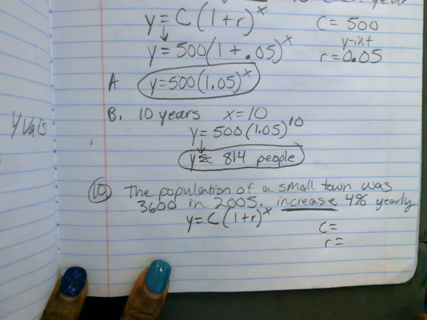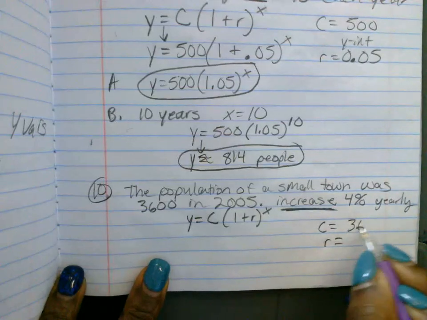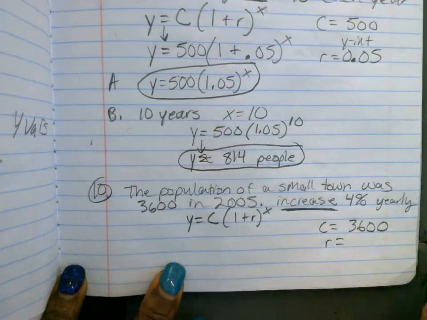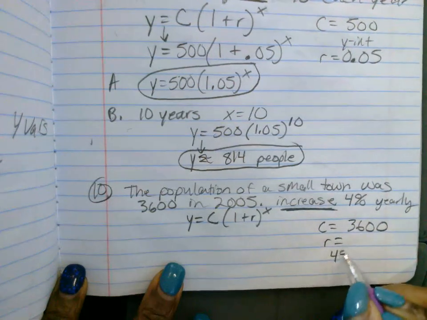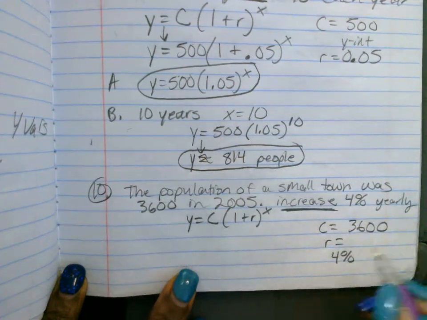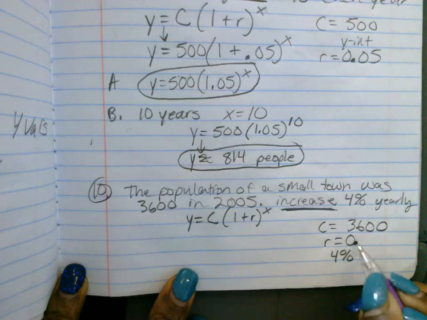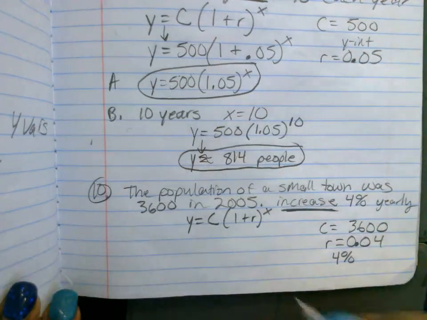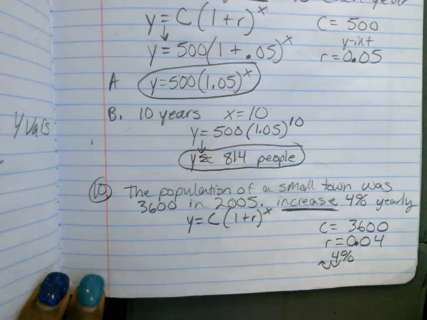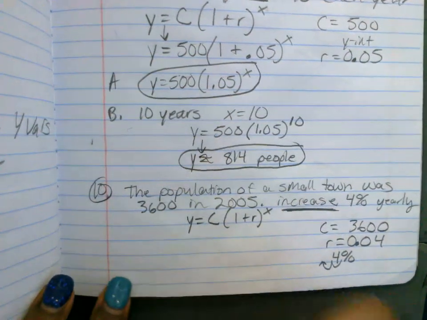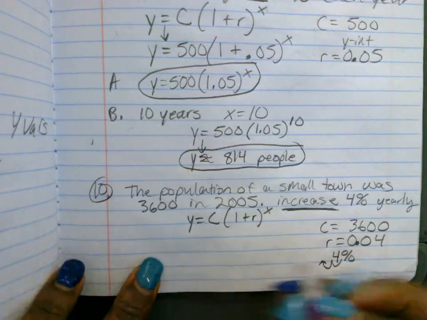All right, what's our C? 3,600. Very good. What's our R? How do you write 4% as a decimal? 0.04. Okay, move it 2 places to the left. All right, so how do I write the equation for this word problem?